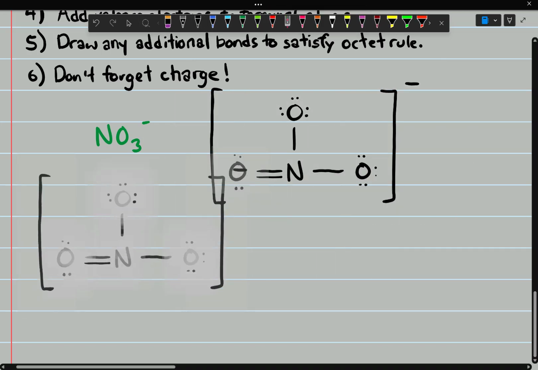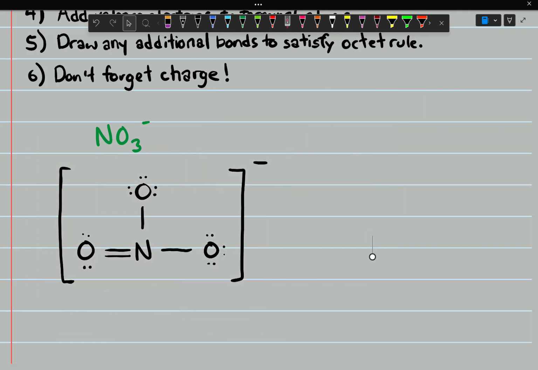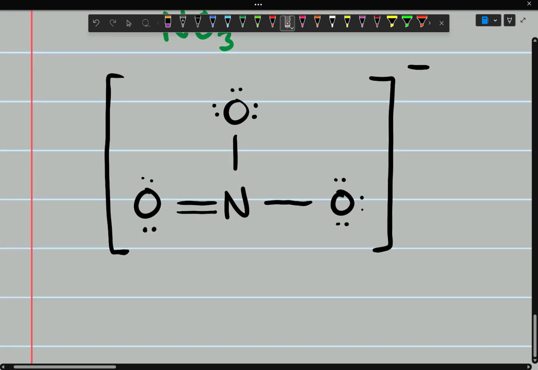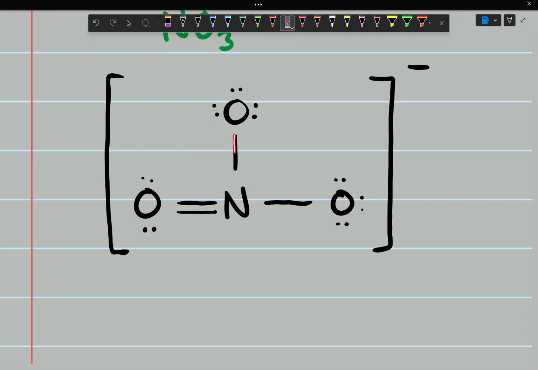And so this, you might think, would be our total answer. But wait a minute. Why did I decide to add a double bond to this oxygen when I could have added it to this one or to this one, and I would have satisfied the octet rule?